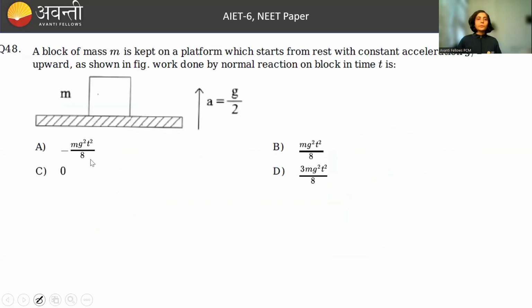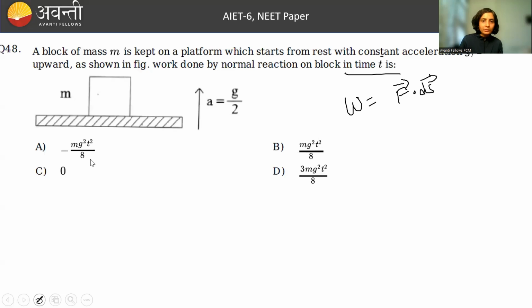Now this is another question. There is a block of mass m that is kept on a platform which starts from rest with constant acceleration g by 2 upward as shown in figure. Work done by normal reaction on block in time t is? So work done by normal reaction. So work done is what? F dot ds.